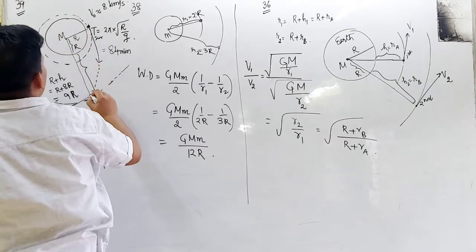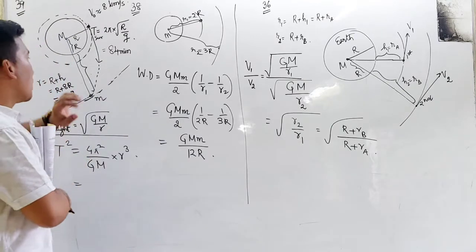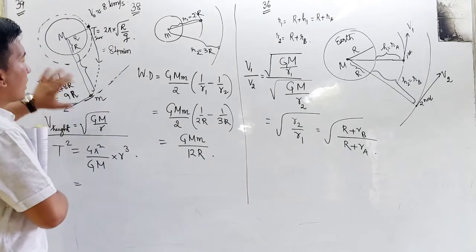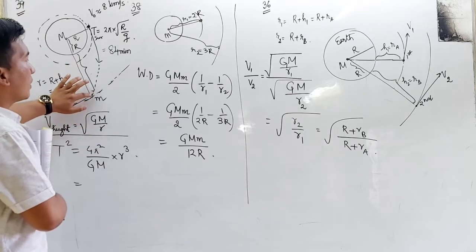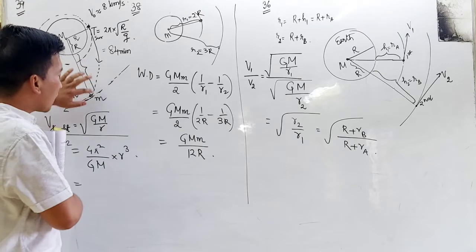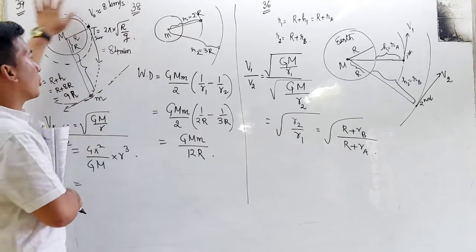In this question you have to find out the time period, or the duration taken by the satellite to revolve in this bigger orbit.